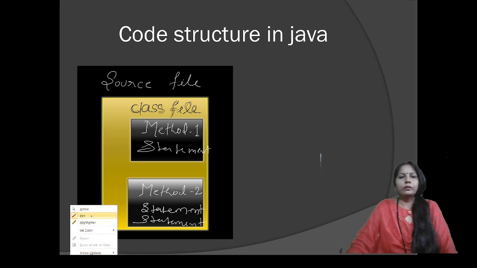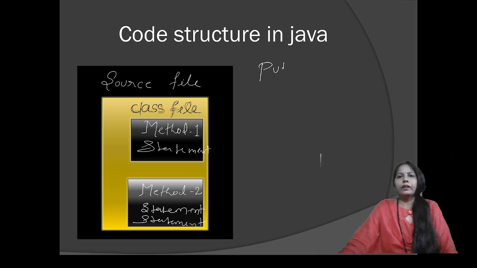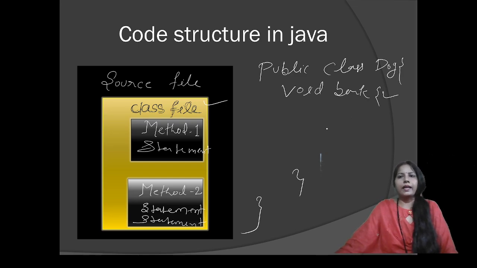So simple. Just now I clarified, like public class dog. Within the curly brackets we declared the method, void bark, and inside the curly brackets we write the statements for this method, for this function. The instruction that you write will print.